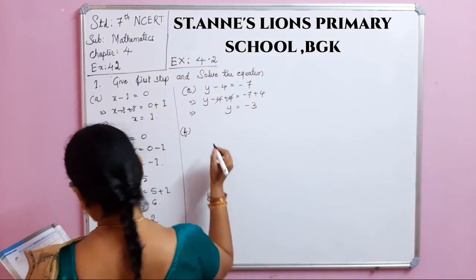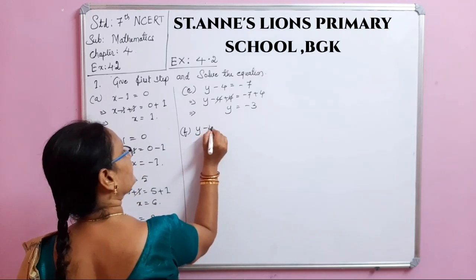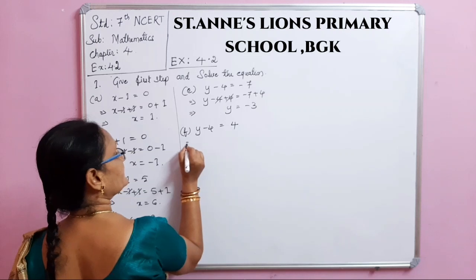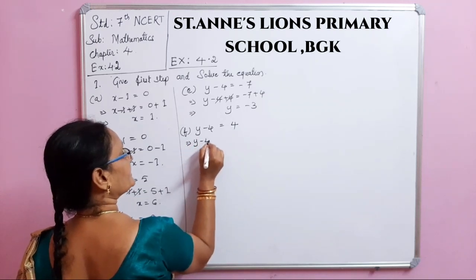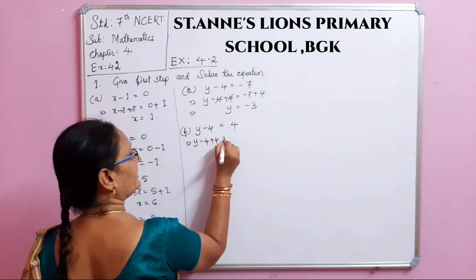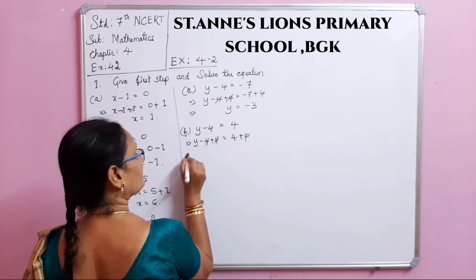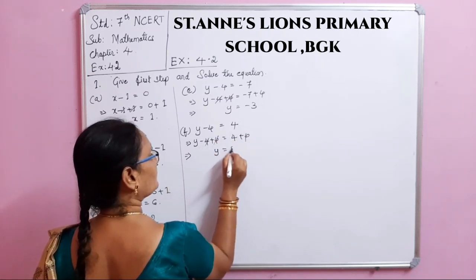Next, F. y minus 4 is equal to 4. See here, y minus 4 plus 4 we have to take. 4 plus 4. Minus 4 plus 4 got cancelled. y is equal to 8.